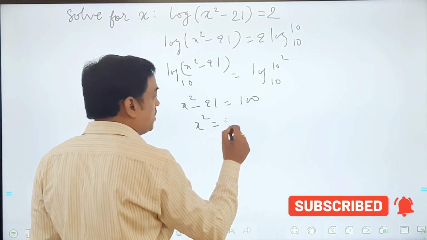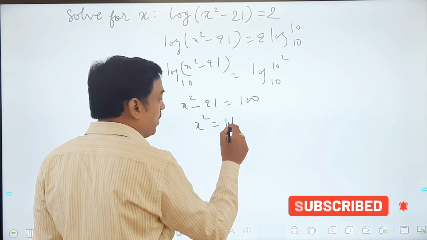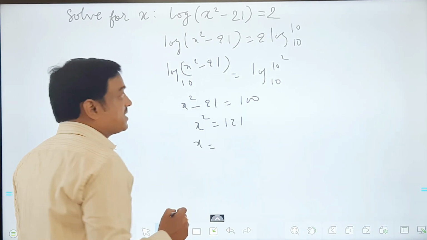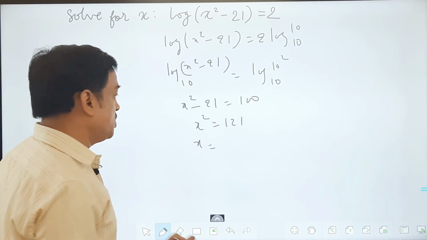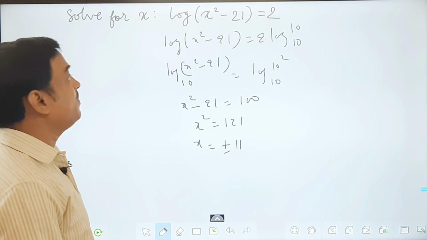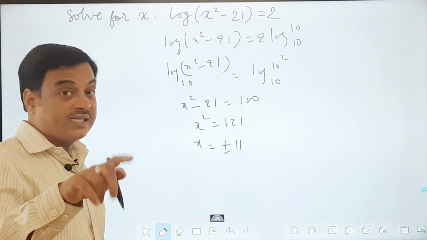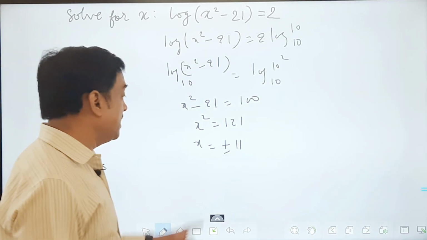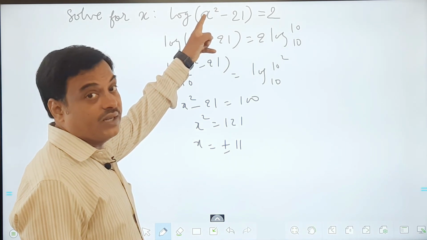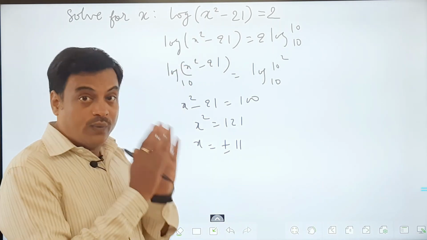X square is equal to, what do you get? 121. I'm sorry, this is 121, and the value of x will be how much? The value of x can be taken as plus or minus 11. Generally it is plus or minus 11. Now while applying plus 11 and minus 11, we need to take care of one thing. Because of the square here, whether you take plus 11 or minus 11, the value will always be positive.